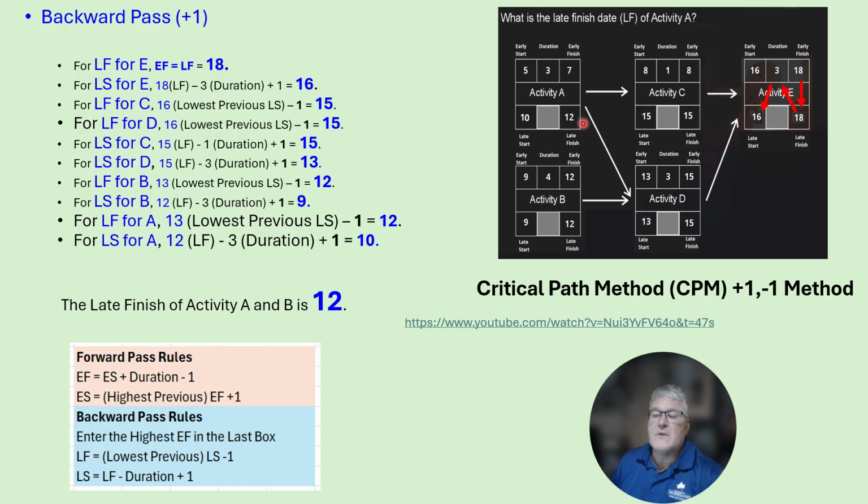Then going from 12 minus 3 and then plus 1, so 12 minus 3 would get us 9 plus 1, and that would be 10 for activity A. Looking at activity B, we take 13 minus 1, we get 12 for our late finish. 12 minus 4 would be 9 plus 1, and that gives us a value of 9 for our late start.